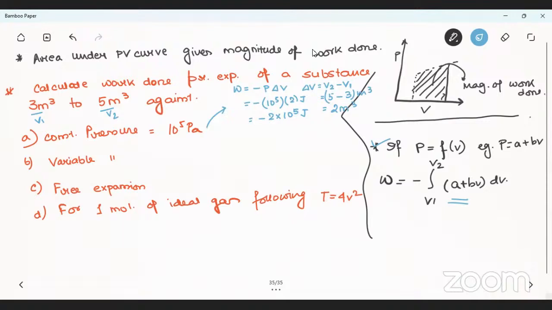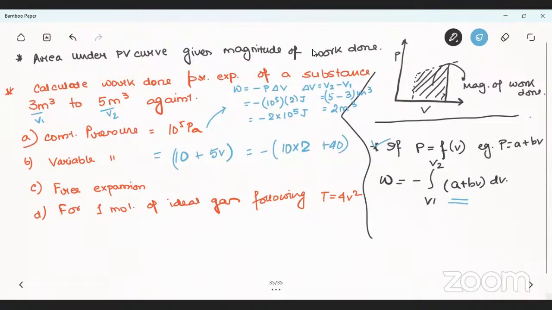See, for the variable pressure, you will just write like this. It is 10 because the pressure is given as 10. It is a function of volume, right? So 5 times the volume. So this will give you minus 10 into 2 plus 40. Whatever it is coming, that will be your answer.